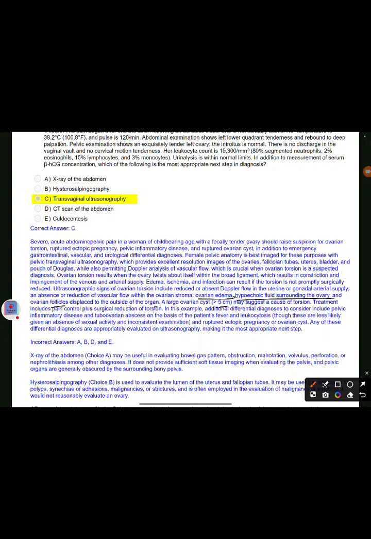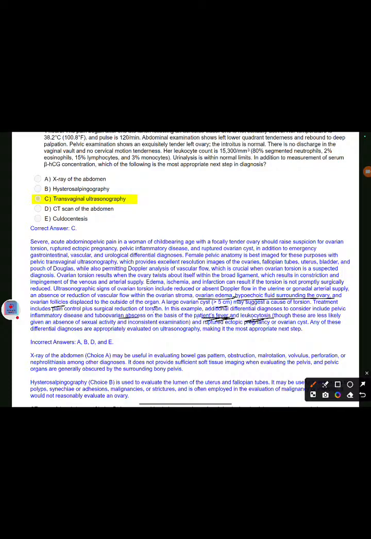In this example, additional differential diagnoses to consider include pelvic inflammatory disease and tubo-ovarian abscess on the basis of the patient's fever and leukocytosis, though these are less likely given the absence of sexual activity.